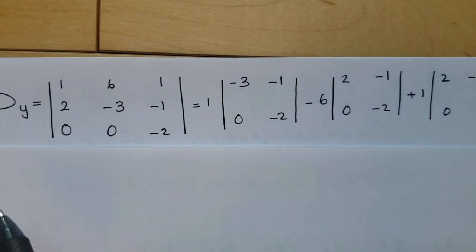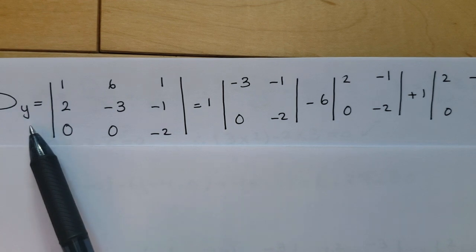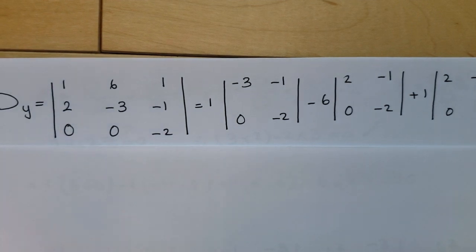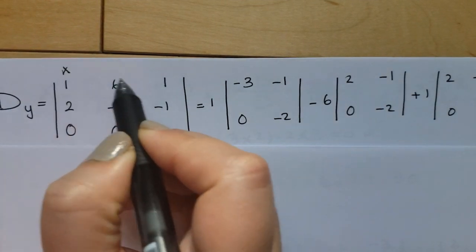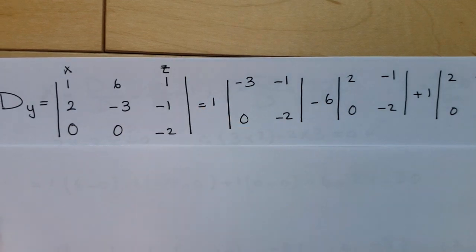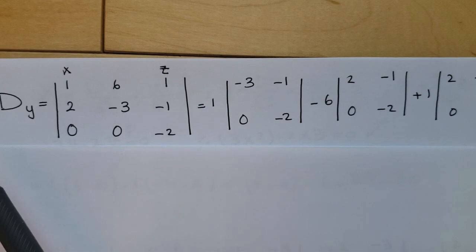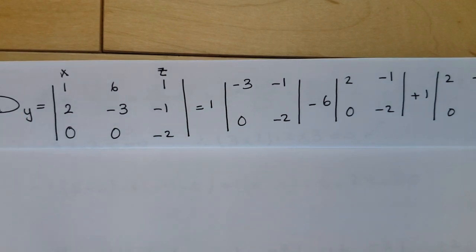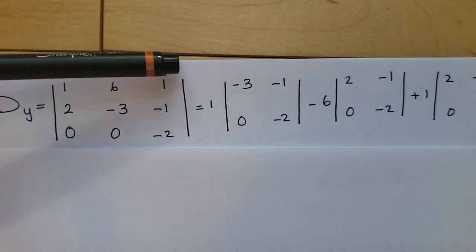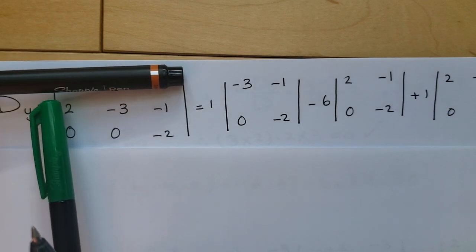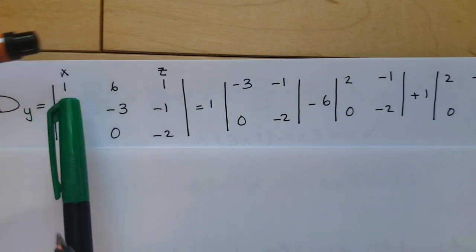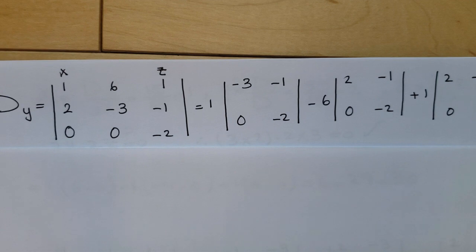Next step would be calculating the determinant of y. Y is the second variable. So the first variable x and the third one, which is z, wouldn't change, but the second column would be replaced with the constants. So here 1, and then the first row, the first column, -3, -1, 0, 2. The second main element, it's 6, comes with a negative sign.